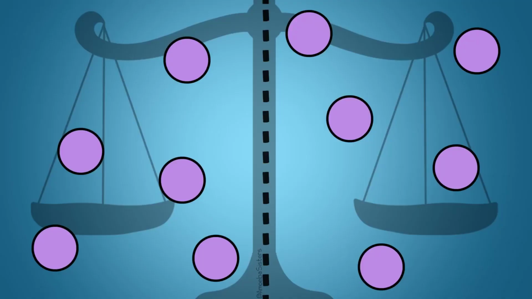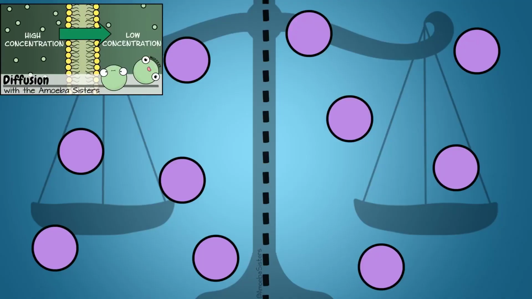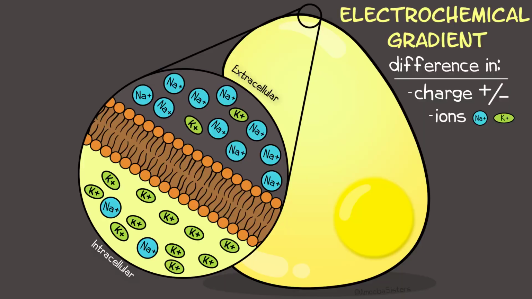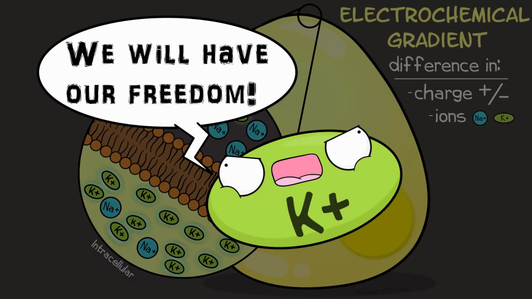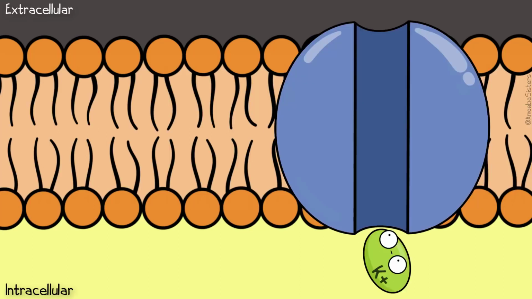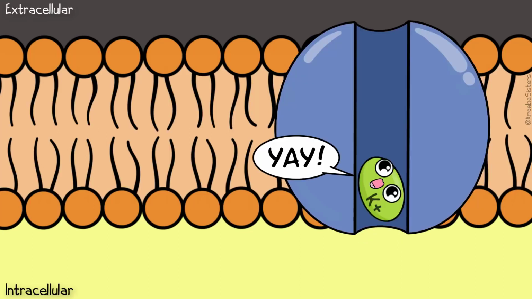Remember, in our diffusion video, we talk about how substances have a net movement from a high concentration to a low concentration. Well, if going by the chemical gradient here, those potassium ions inside the cell, they'd like to have a net movement out. They generally can't travel through the membrane directly themselves, as we mentioned, but they could if there happened to be a channel. These channels do exist.